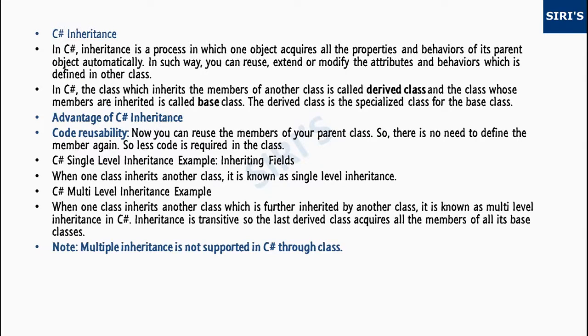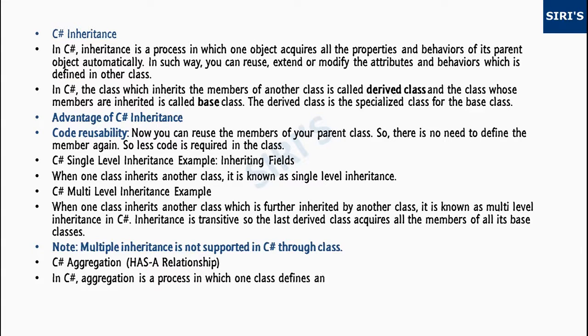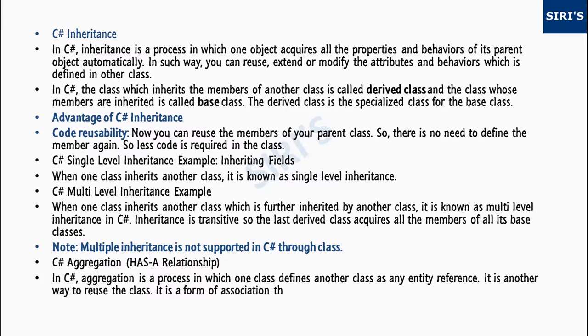Multiple inheritance is not supported in C# through classes. C# aggregation, the has-a relation. In C#, aggregation is a process in which one class defines another class as an entity reference. It is another way to reuse the class. It is a form of association that represents a has-a relation.